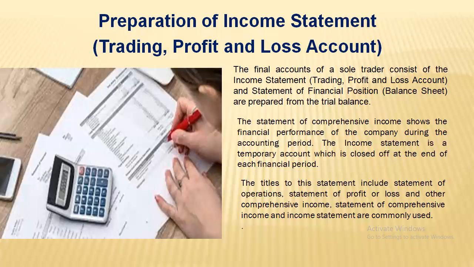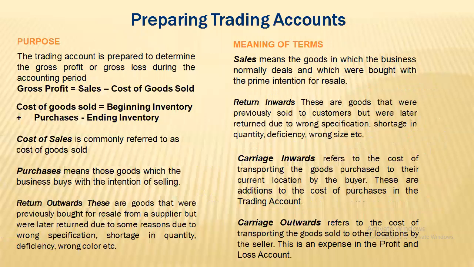It is to look at the activities of the company throughout the course of that particular business. Other titles that we refer to: sometimes I call it comprehensive income statement, sometimes statement of profit or loss, sometimes you might call it statement of operations, statement of comprehensive income, statement of income. So whichever name you use, you will still be correct.